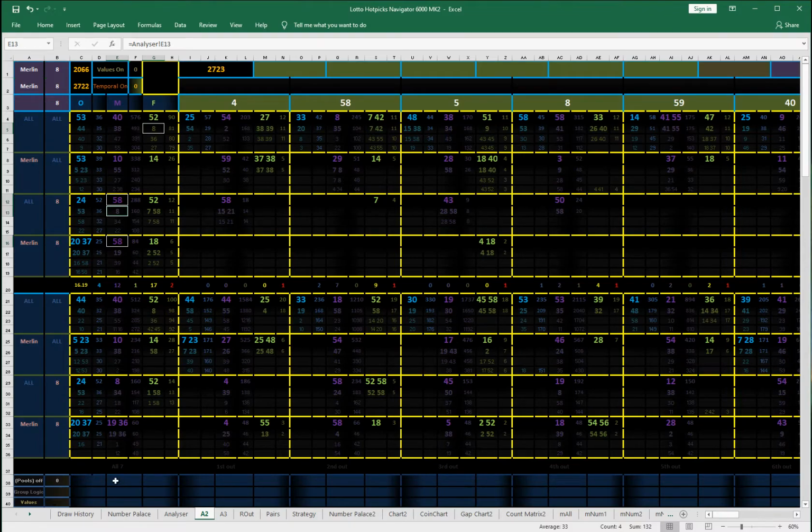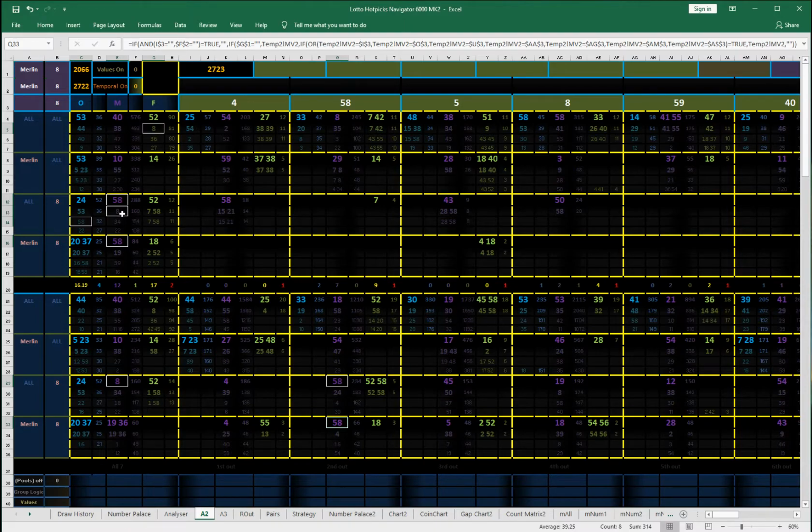So when ball set 8 comes into play in the next draw, which is tonight, there's a very good chance that 58 could be drawn. And in the second temporal position as well.